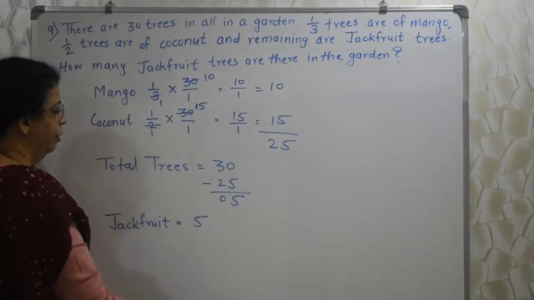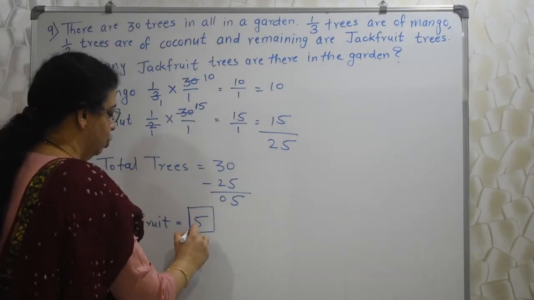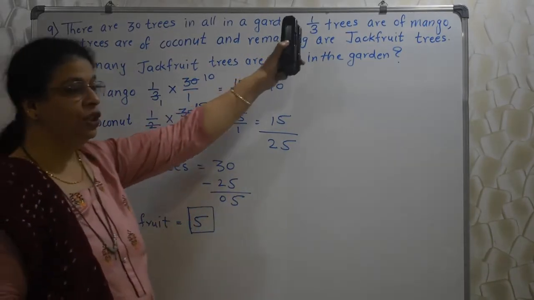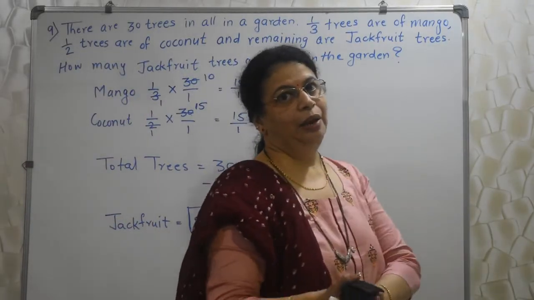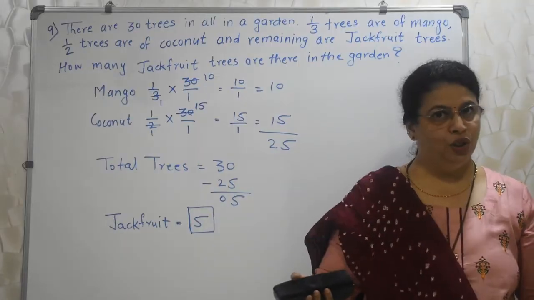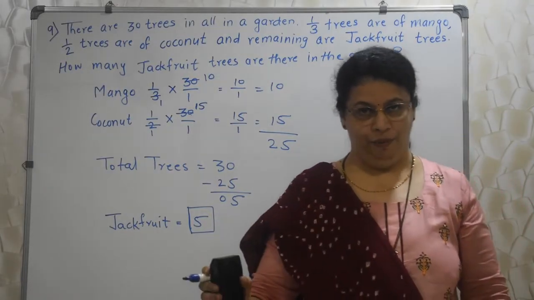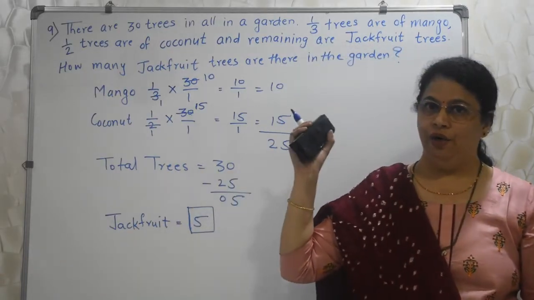Jackfruit, how many? 5. So 5 is the answer. Students, they may change the fraction, they may change the total number of trees. Your procedure to arrive at the answer is absolutely the same. So practice this kind of sum.